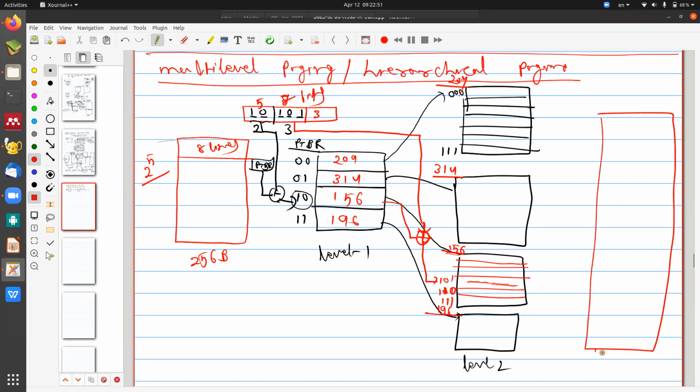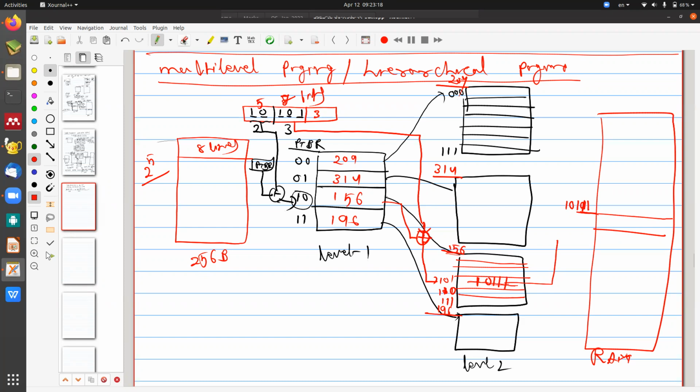If you can consider this is my RAM, if this particular page is present at this location, now if this location's address is let's take 10101, then I can say sorry 1011 like this, then here it will be written 10111 and this 3 bits here it will be present.